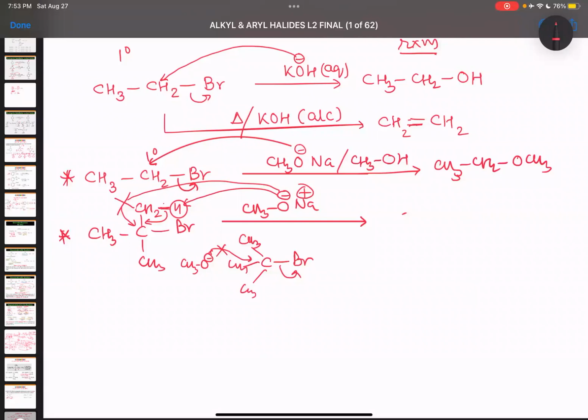And what will happen to the electrons through which the H was connected? They will come and form a bond with this carbon and the Br will come out. So on tertiary substrates, elimination can happen very easily. Is it clear?